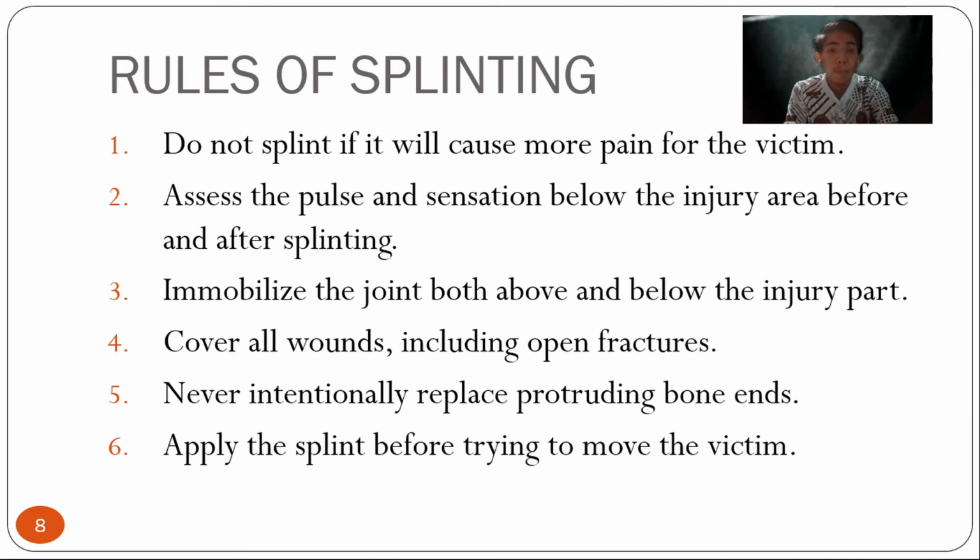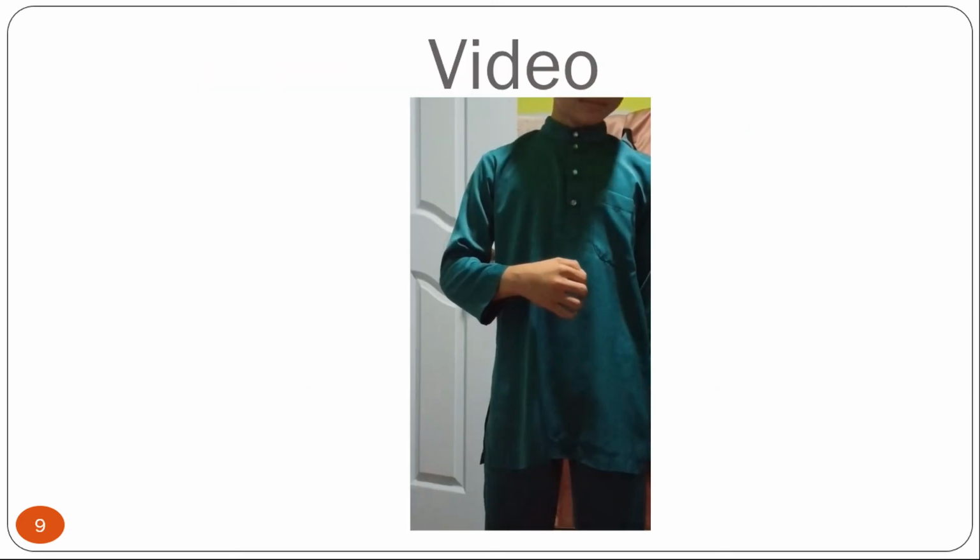Third is immobilize the joint both above and below the injured part. Fourth is cover all wounds, including open fractures. Fifth is never intentionally replace protruding bone ends. And sixth is apply the splint before trying to move the victim. I will provide the video tutorial.